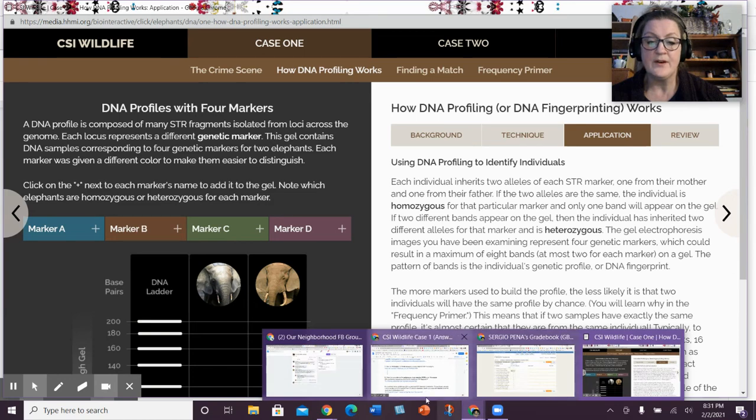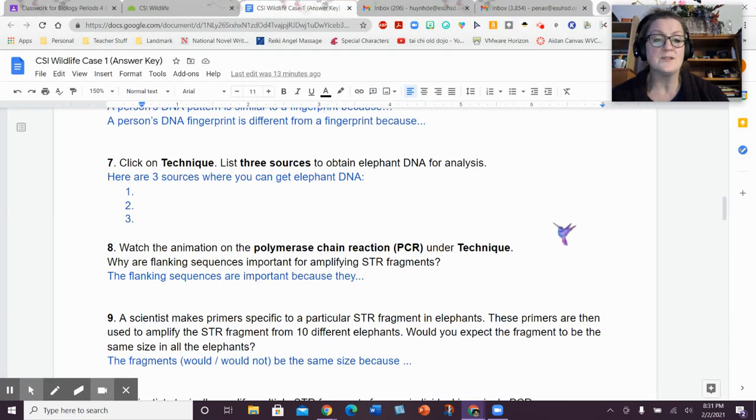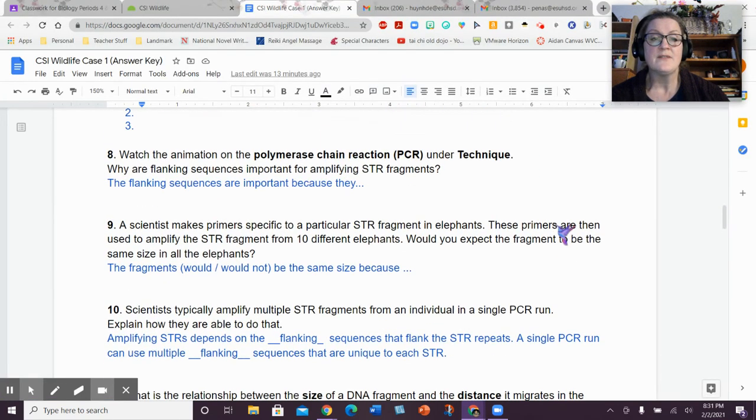This is where we left off, but let me just look and see for the questions here. So we watched the video on the polymerase chain reaction, and we said that those flanking sequences are important because that's where our primers are going to bind, and it's going to start to amplify, replicate the DNA that's in between.